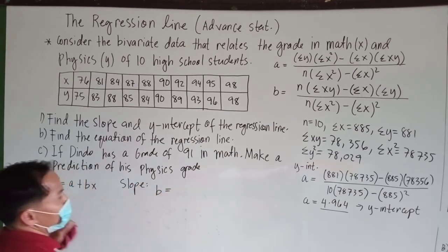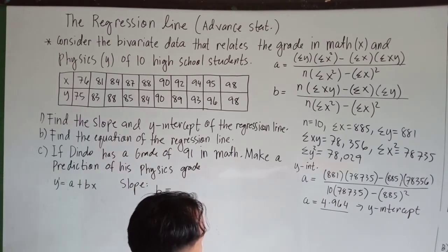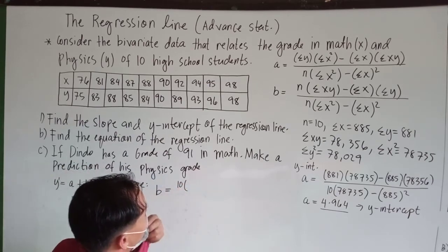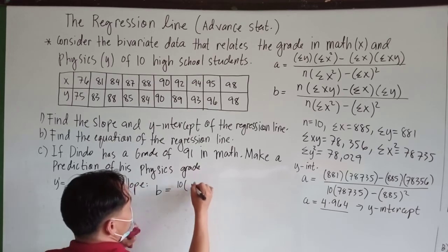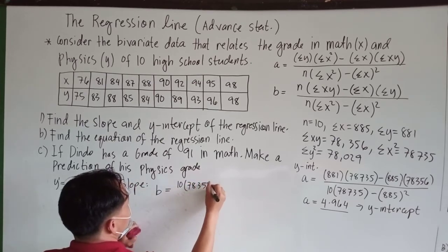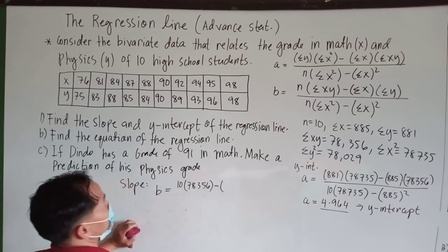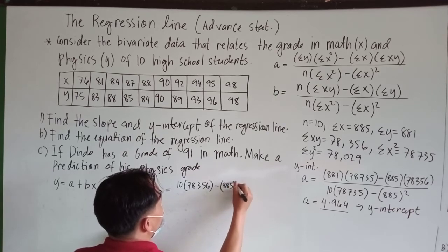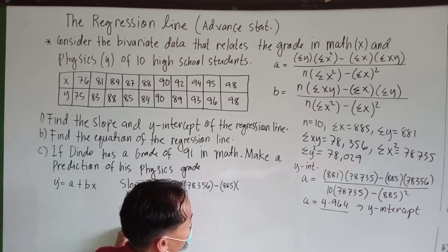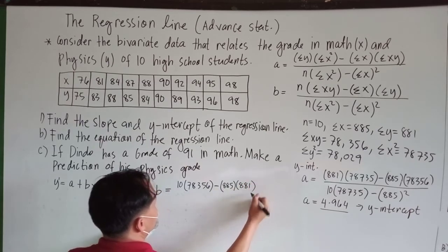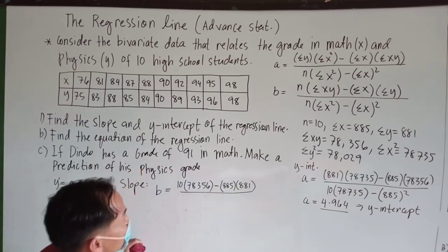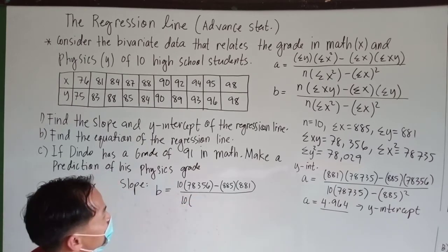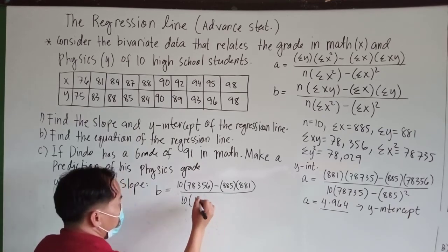So b is equal to n, which is 10, times summation of xy, so we have 78,356, minus summation of x, which is 885, times summation of y, which is 881. All over, in the denominator, we have 10 as n multiplied by summation of x squared, that is 78,735.